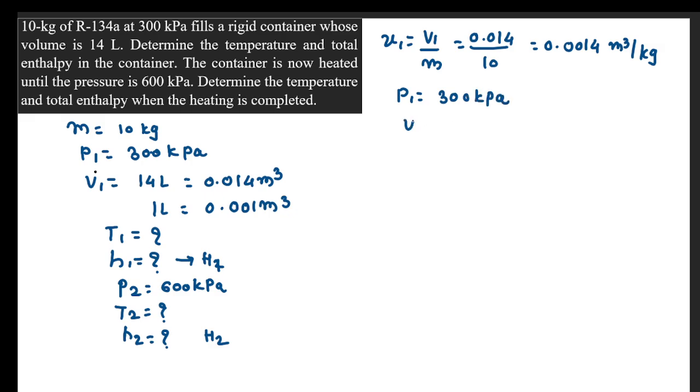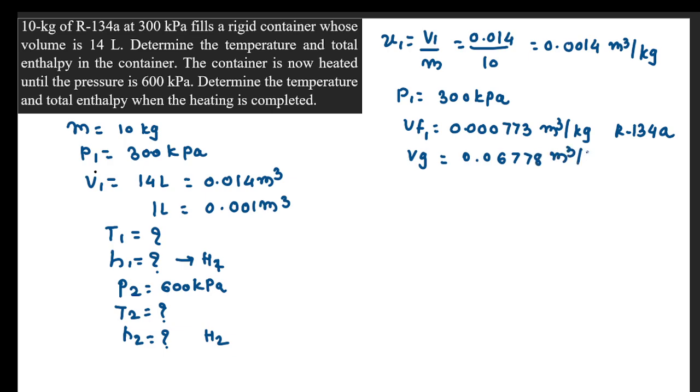Now we can compare this V1 at P1 equal to 300 kilopascal with respect to Vg and Vf. Vf1 will be 0.000773 meter cube per kg. This value we got from the R-134a table, and Vg1 you will get as 0.06778 meter cube per kg.